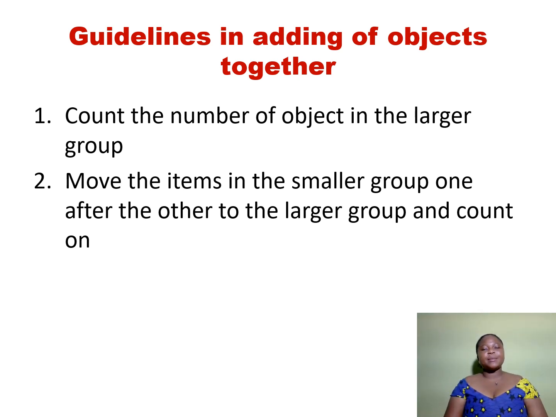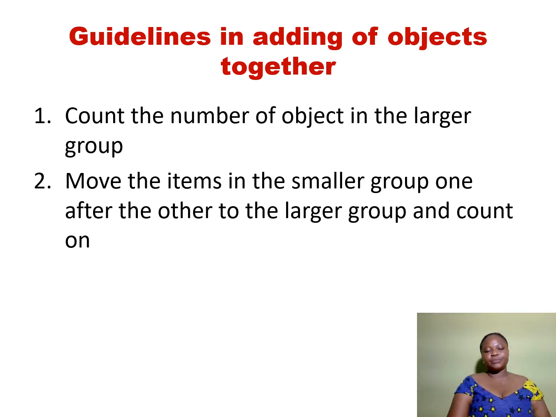I take our guidelines again. We count the number of objects in the larger group. Then 2, move the items in the smaller group, one after the other, to the larger group and count on. I hope it is clear now.